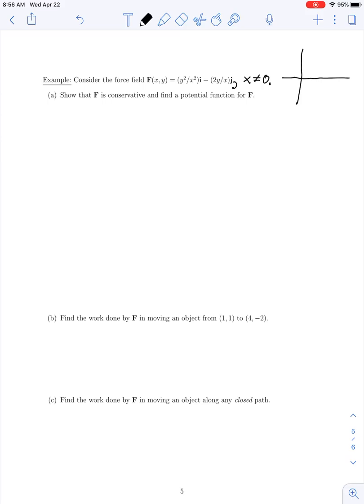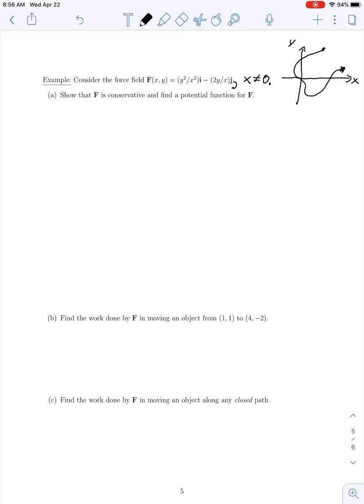Geometrically, when we're thinking about this force field, in moving an object along a curve, we cannot consider any curve that would cross the x-axis.